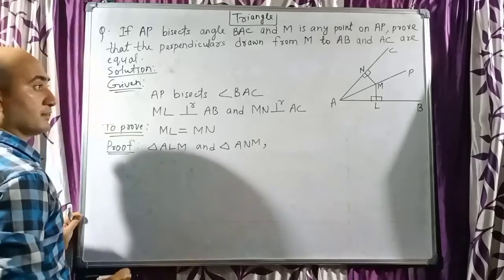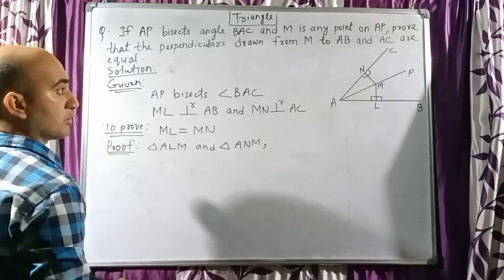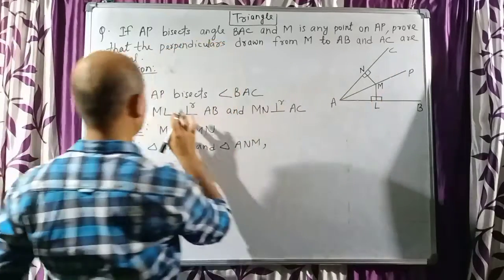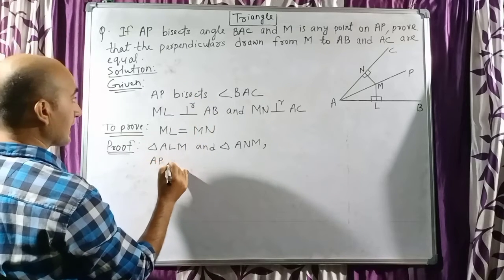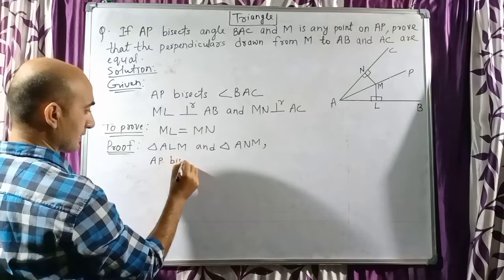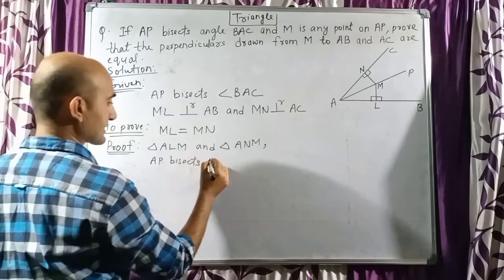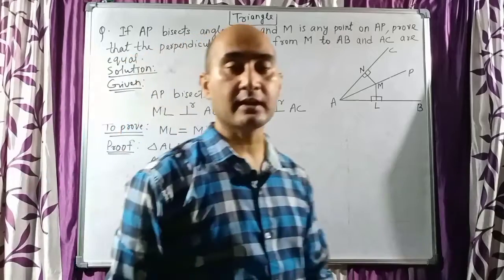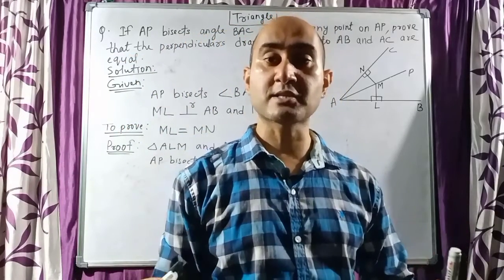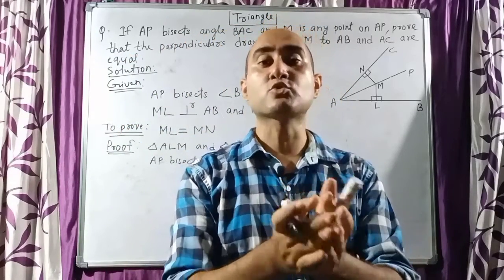In these two triangles, as you all know, AP is the bisector. Here I have written AP bisects angle BAC.